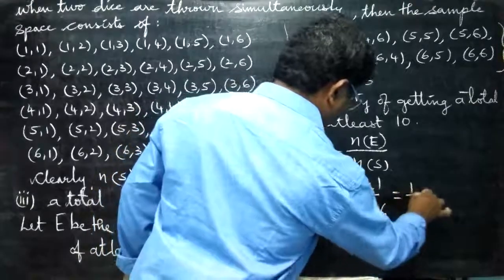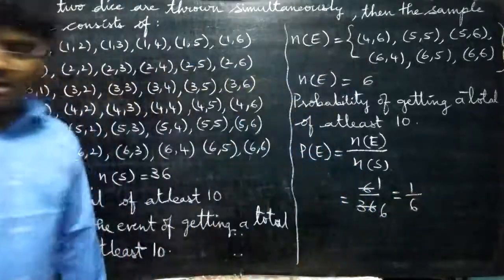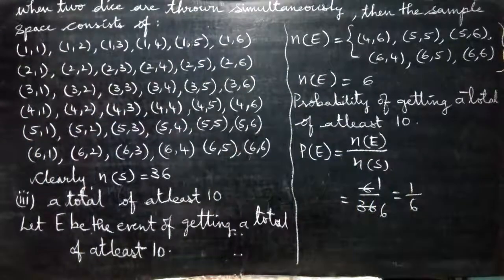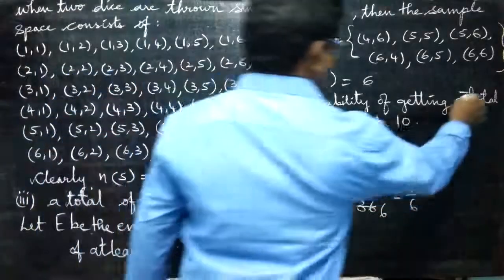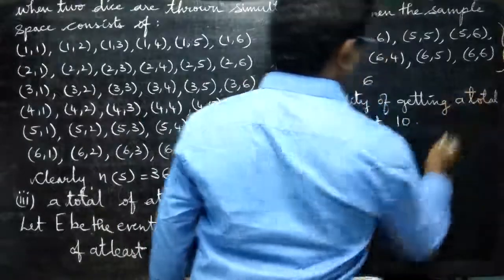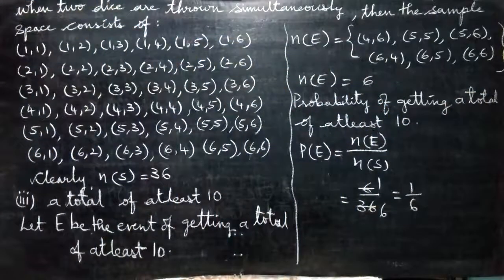So how much did we get? 1 by 6. Write the conclusion. What is the conclusion? Therefore, the probability of getting a total of at least 10 is equal to 1 by 6. Write that conclusion. Minimum 10 should be there, or more than 10 also no problem. Minimum should be 10.